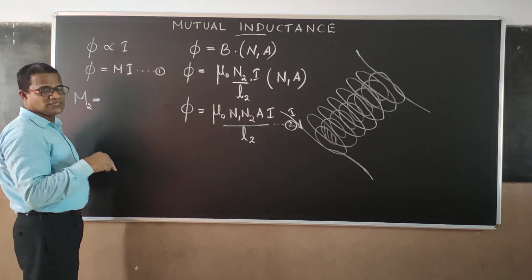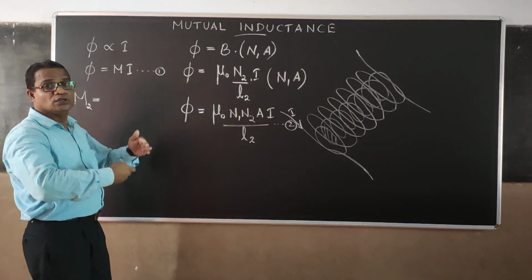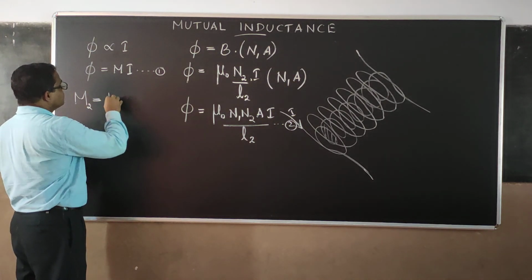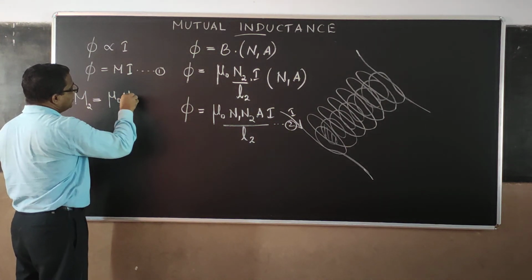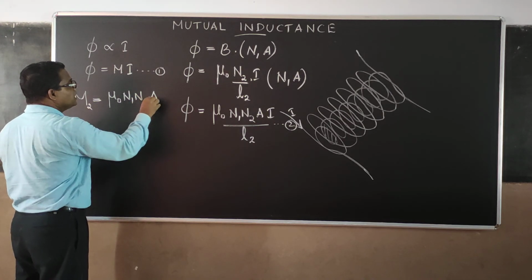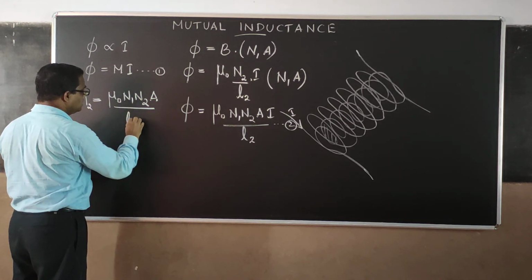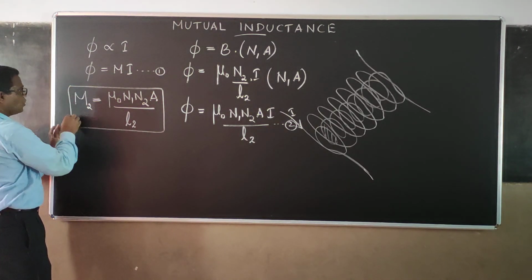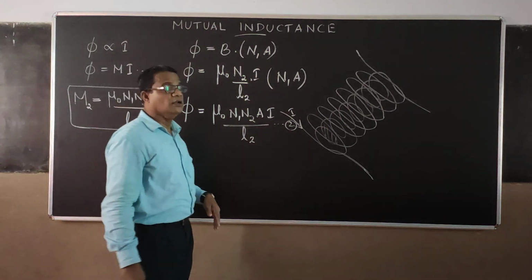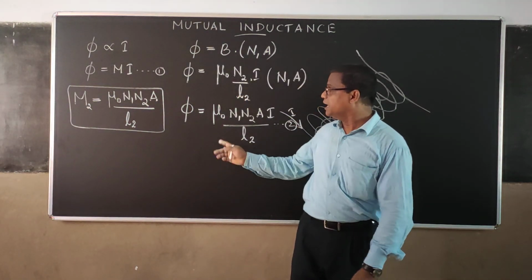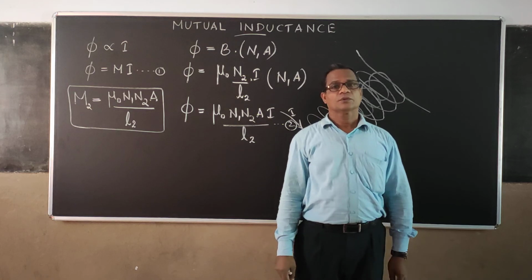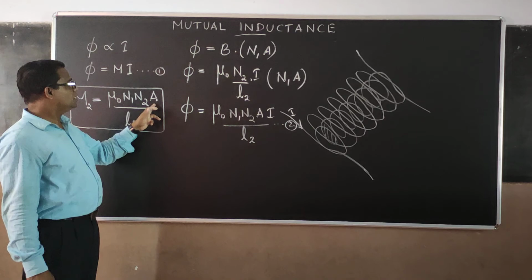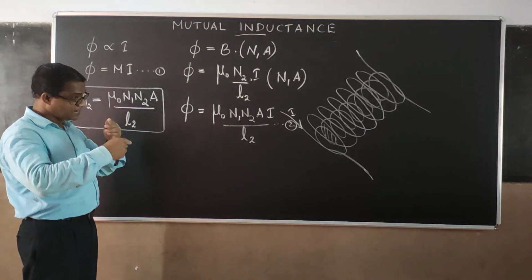Let me say M2 is equal to mu 0 N1 N2 A by L2, when the current is flowing through the outer coil with the length L2. So we found that the mutual inductance depends on the number of turns of this coil and the area of the coil inside.